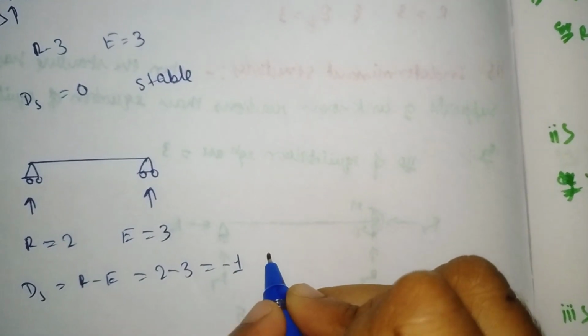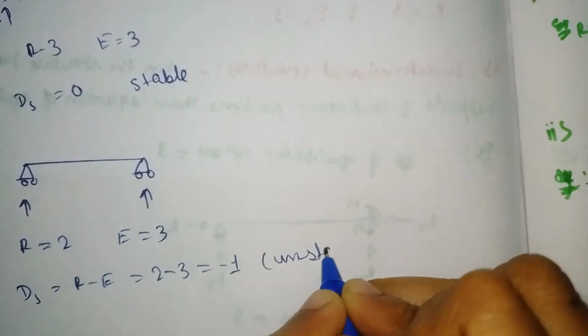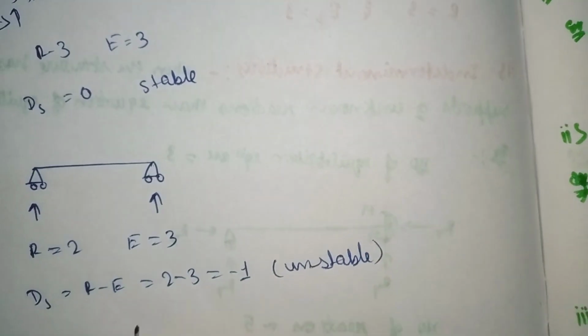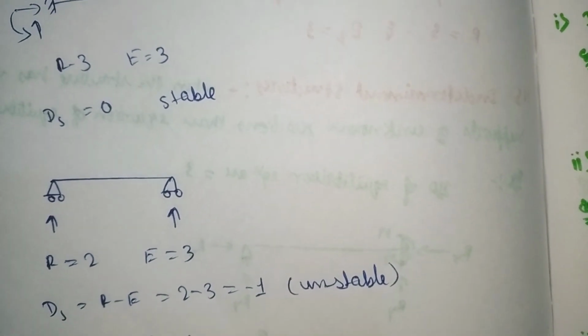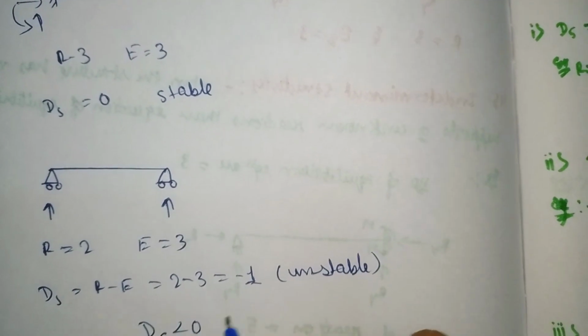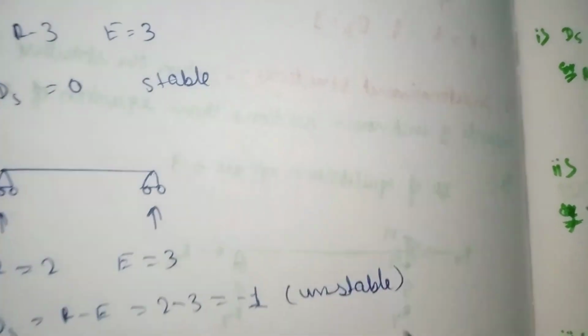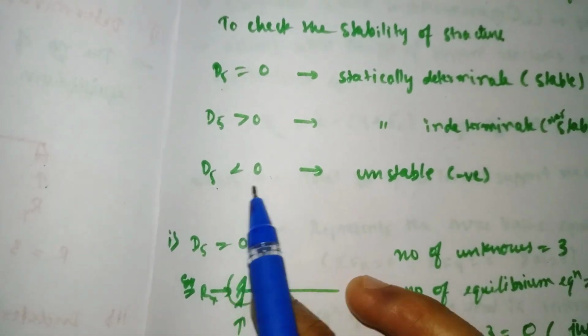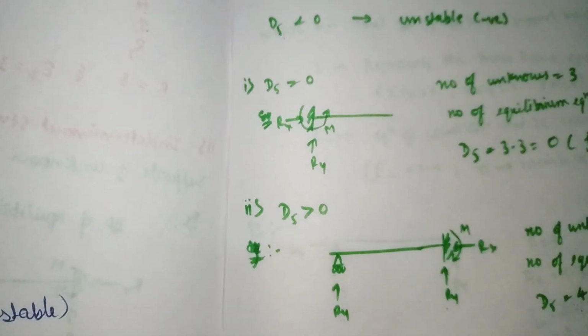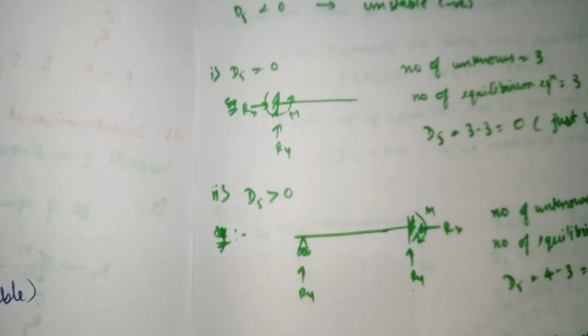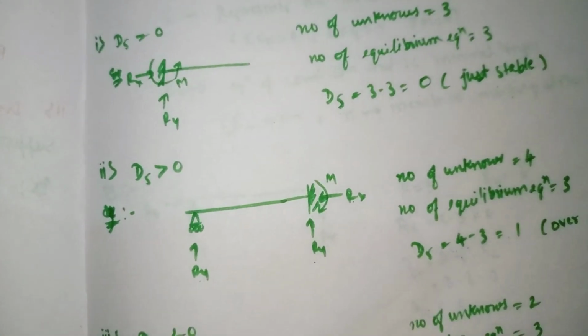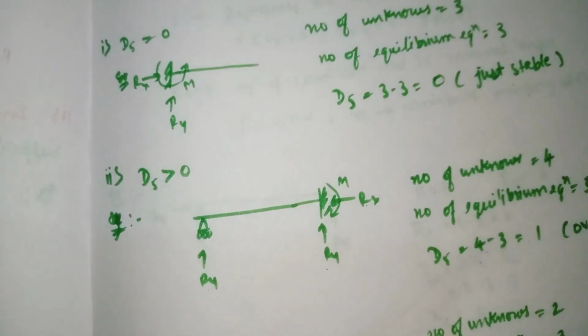Minus 1 means our structure is unstable when ds is less than 0. I have already explained this while explaining static indeterminacy. I will give the link in the description box, you can go through that video.